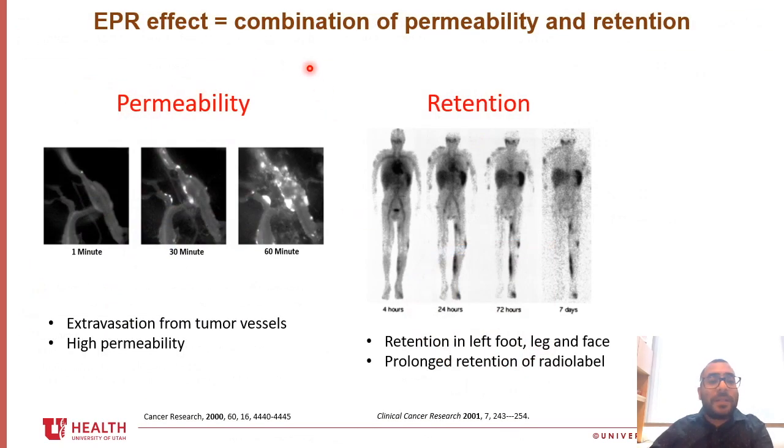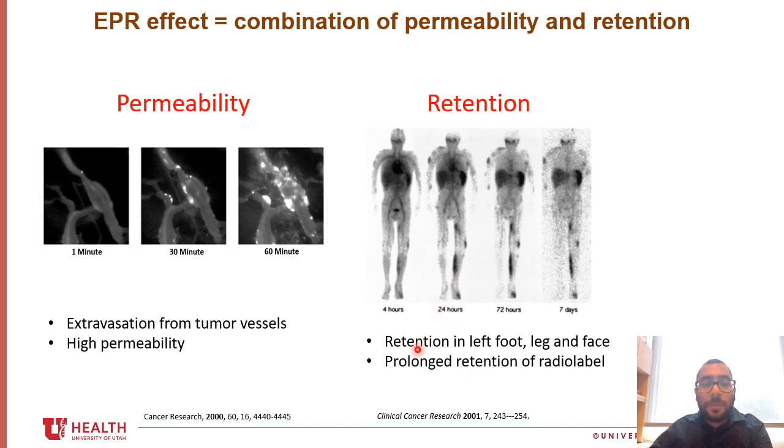So EPR effect is a combination of permeability and retention, right? Enhanced permeability and retention. The effect cannot survive without one or the other. Permeability means that the drugs have to extravasate through the fenestrations, and they also have to be retained.